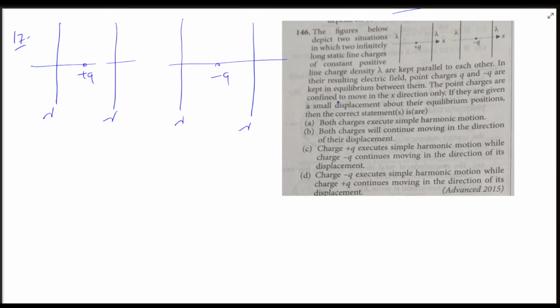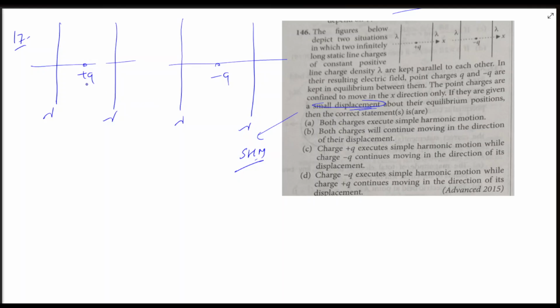The point charges are confined to move in x only if they have small displacement. So small displacement means they will be doing SHM about their equilibrium. Which are correct? You will say, let's displace it here, it will go like this, both are the same because equal and opposite forces will be acting.